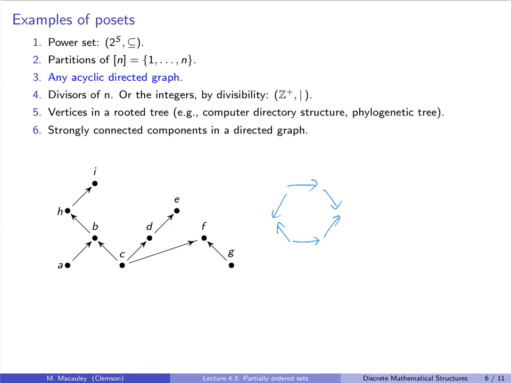I'm doing an orientation of a hexagon, A, B, C, D, E, F. So this describes a poset, and namely x is less than or equal to y if there exists not an edge but a directed path from x to y. And the fact that it's acyclic means that there is no directed cycle, and that is important because if we have a directed cycle, we lose the anti-symmetric property, and it's not a partial order.